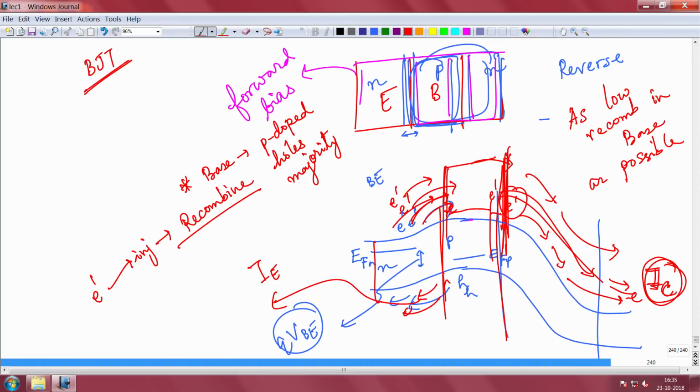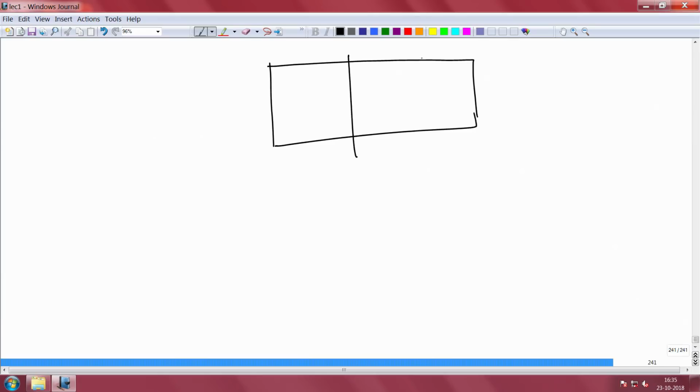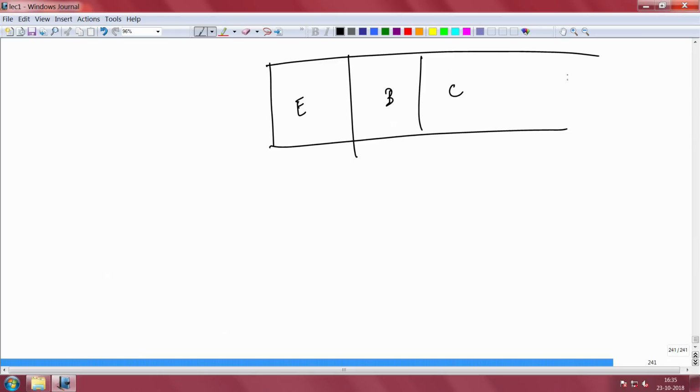Now, there are different current components here that we should take into account very carefully. So, I will draw the schematic here and also the band diagram, so that we know this is the emitter, base, and collector. Because the emitter-base junction is forward biased, you will have very little depletion here.